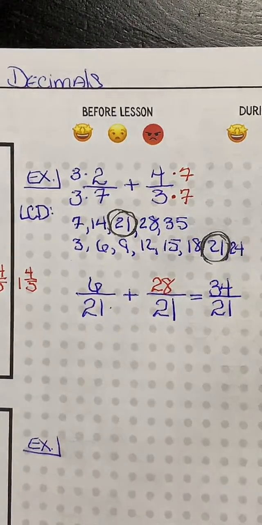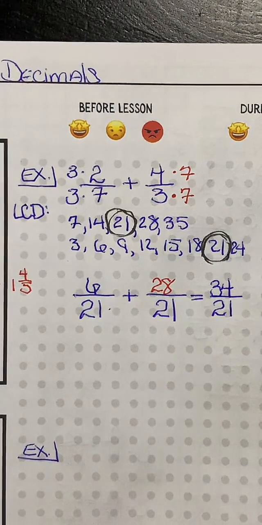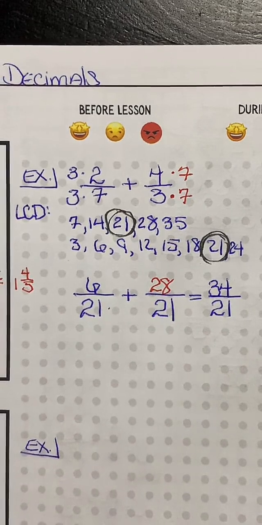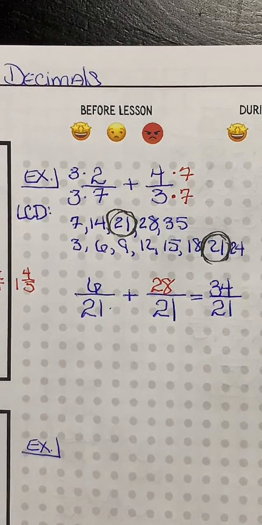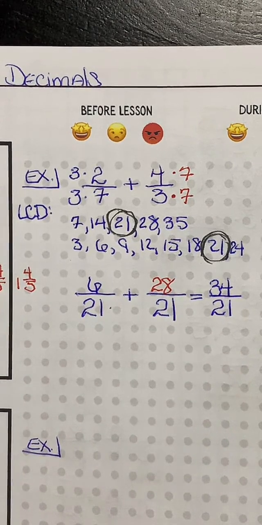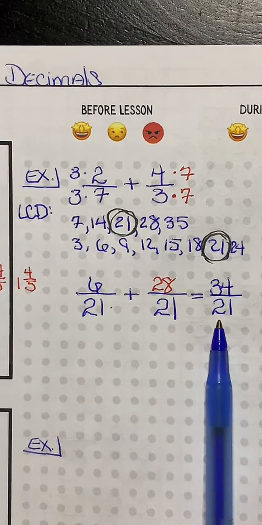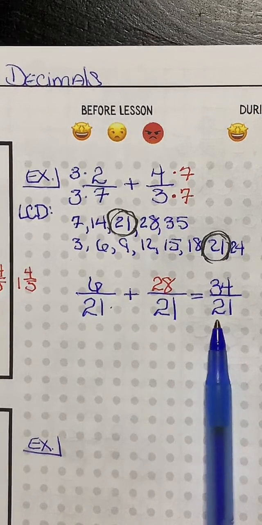So we have a total of 34, right? So we have 34 21sts, okay? All right. So I know there are some teachers who say, I don't like mixed or improper fractions, I'd rather have a mixed number. Fine.